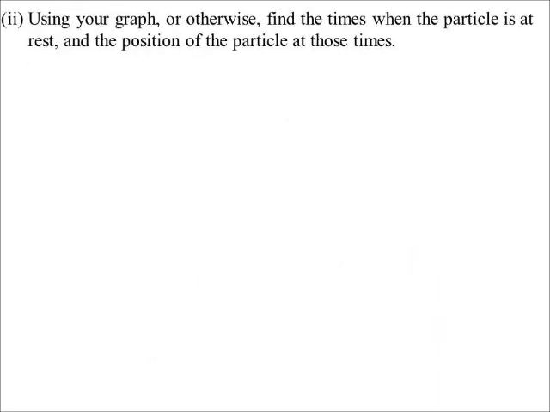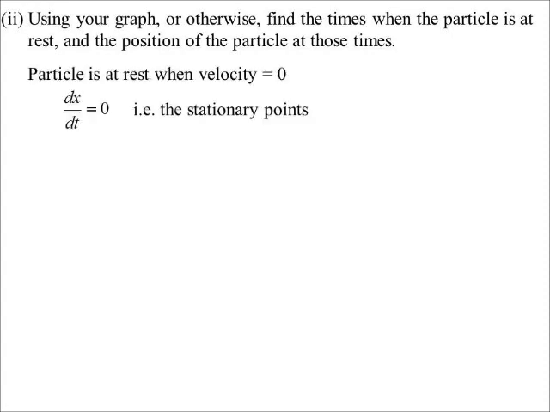Using your graph, or otherwise, find the times when the particle is at rest. In other words, when is it stationary? So really, you could just read off the graph all of the tops and the bottoms of the graph, because they're all the stationary points. So reading off the graph, when velocity is 0, the stationary points, I'm not going to solve the equation, I'm going to simply read off the graph.